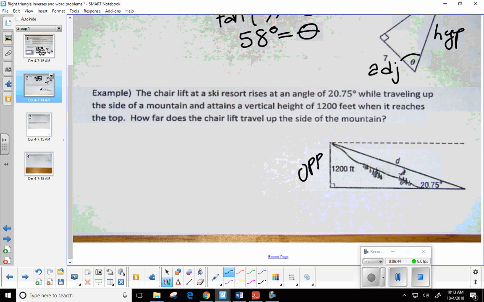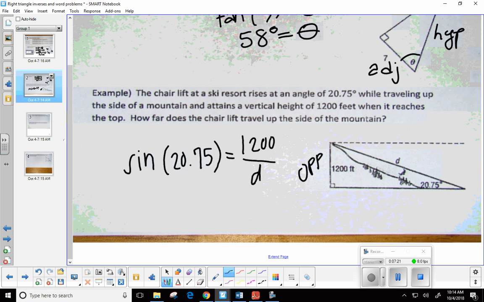And then we're solving for D, which is the hypotenuse. Yeah. That's perfect.